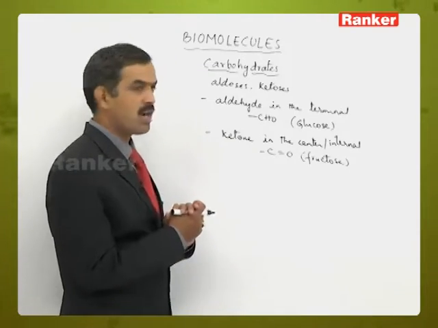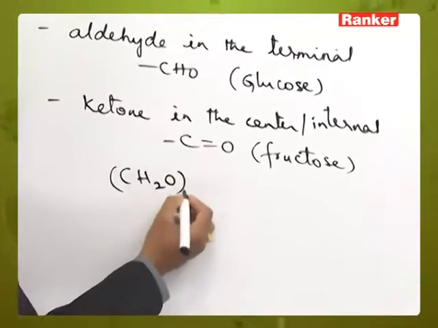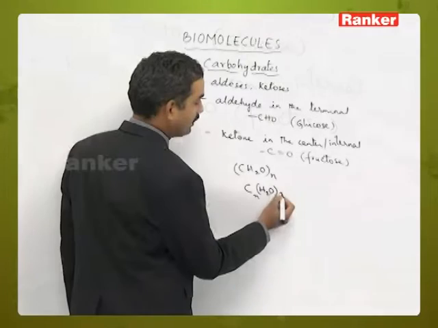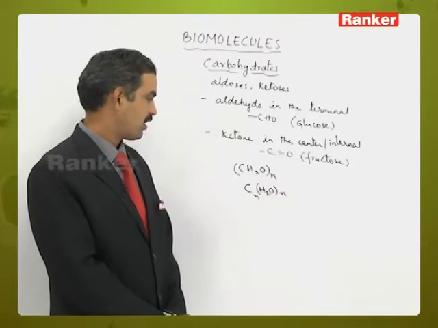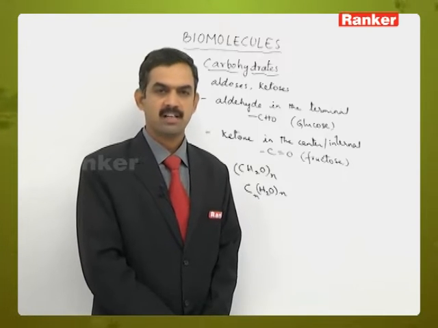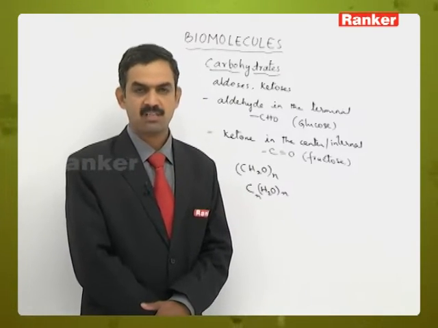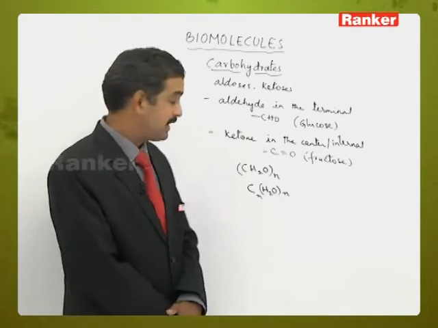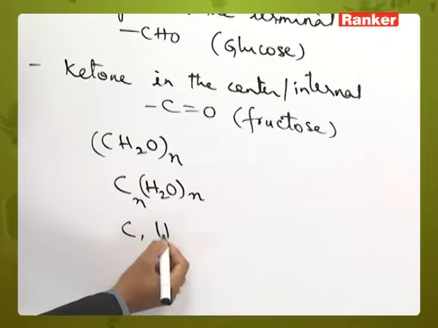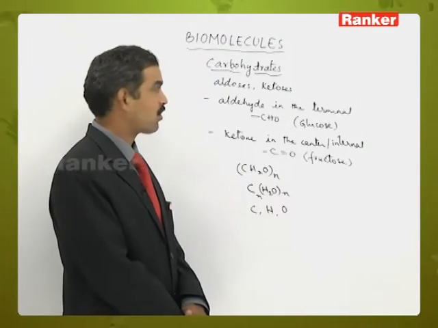Generally, carbohydrates have the molecular organization CnH2nOn. This is the basic molecular formula by which the carbohydrates are represented, and these are generally considered as saccharides. Saccharides are sugary in nature. In the molecular formula, carbon, hydrogen and oxygen are the three elements of which carbohydrates are made.